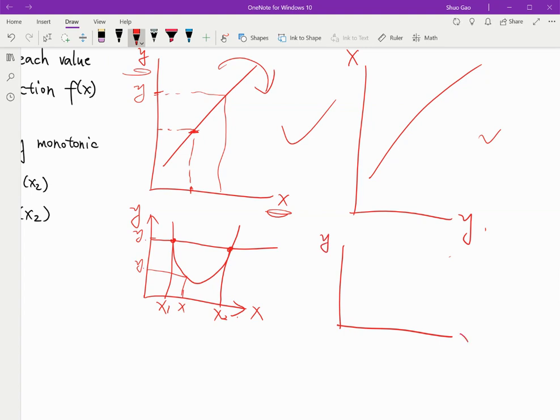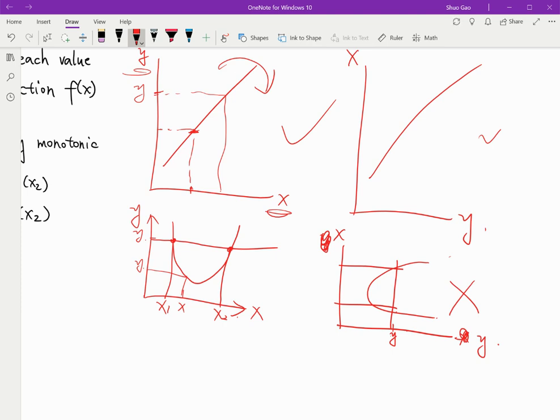But if you flip this quadratic function, it looks like this. Sorry, this should be x, this should be y. So for each y, you have two values of x associated with it. So this is not a function if you flip x and y.